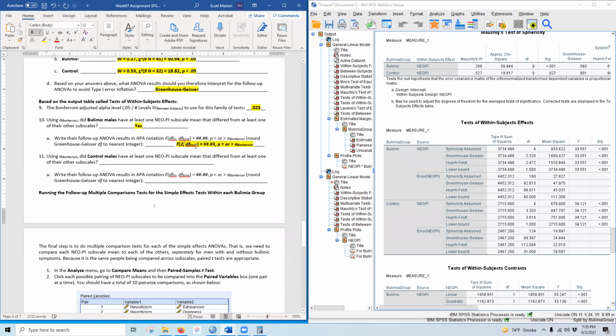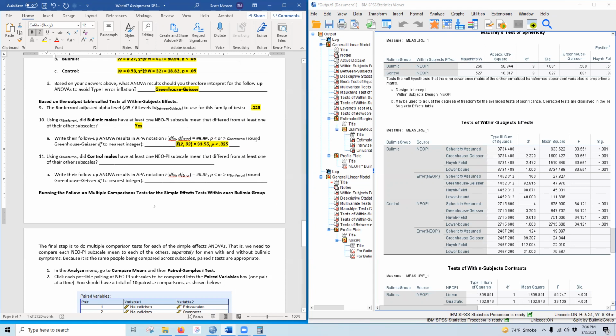So we have an F with 2 and 93 degrees of freedom is equal to, what is the F value over here? 33.55. And P is less than alpha Bonferroni. What's alpha Bonferroni? 0.025. That is our F. We need that for our APA write-up.